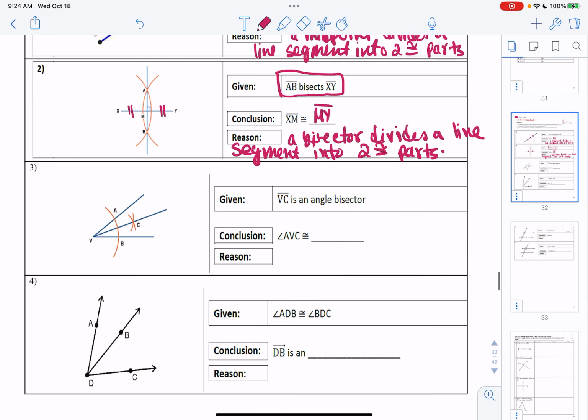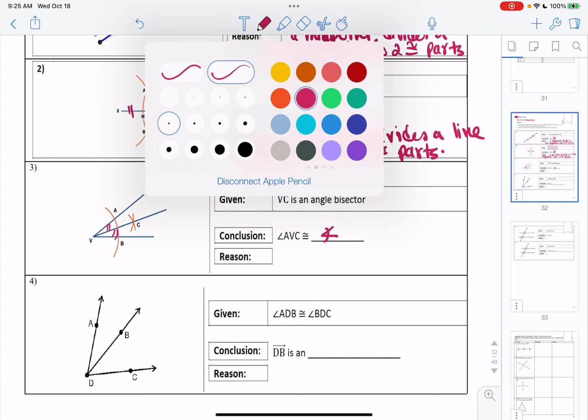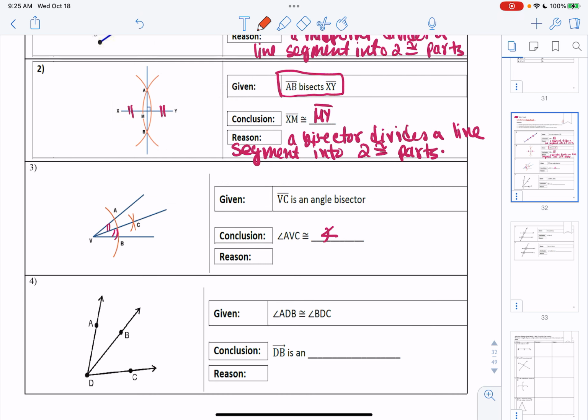Okay, so then we are given that VC is an angle bisector. So we know an angle bisector cuts an angle into two congruent parts. And I know it's feeling a little redundant from the previous two examples, but we have to follow through. If we have VC, then the following one would be BVC.